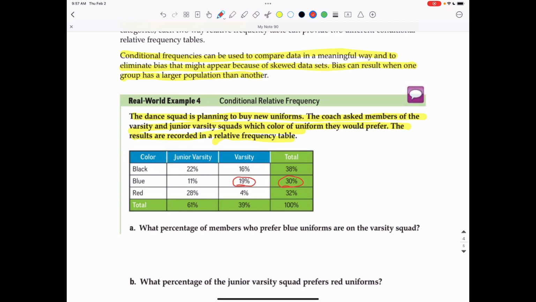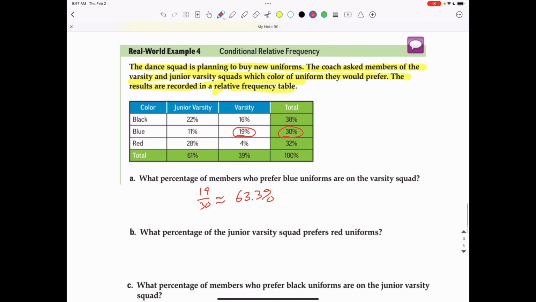So when we just compare those who like blue uniforms that are on the varsity squad, we're going to take 19 divided by 30, and we're going to round that to a percent. When you take 19 divided by 30, you get approximately 63.3%.